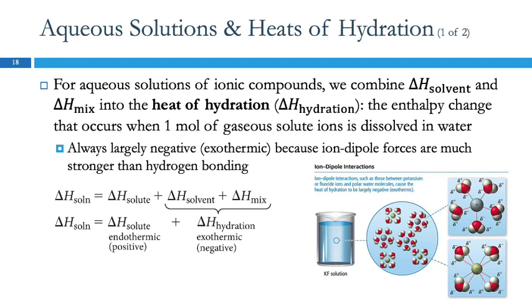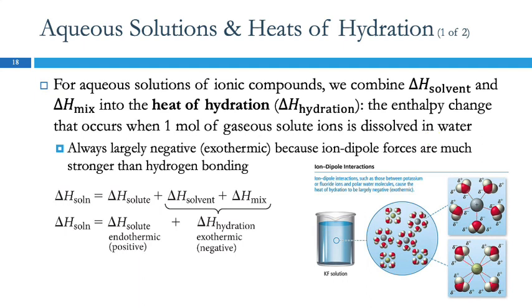If we're talking about an aqueous solution of an ionic compound, we can combine delta H for the solvent, that's the energy needed to separate the water molecules, and the mixing part into what's called the heat of hydration, or delta H hydration. Basically, the heat involved in getting this thing wet. That is the enthalpy change that occurs when 1 mole of separated solute ions dissolve in water.